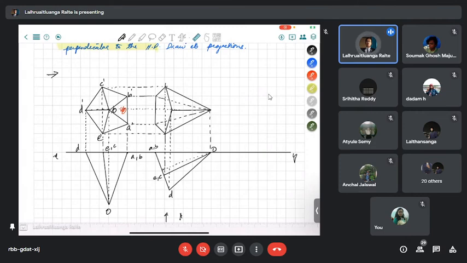Right, so this corresponds to A, B. This corresponds to C and E, sorry. And this corresponds to D and O. And that is our final projection.